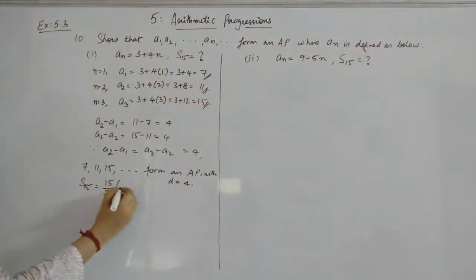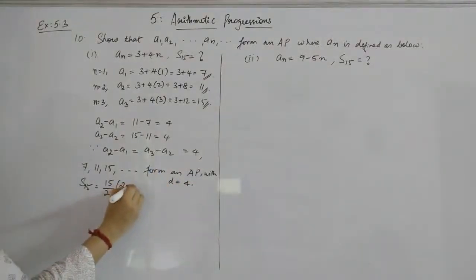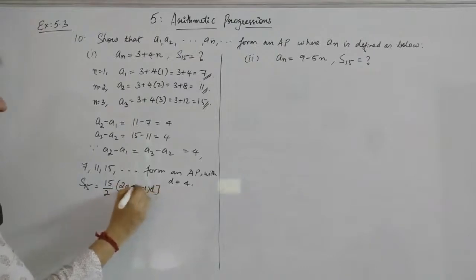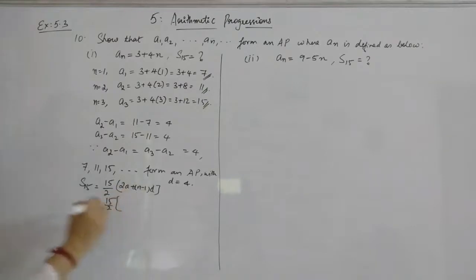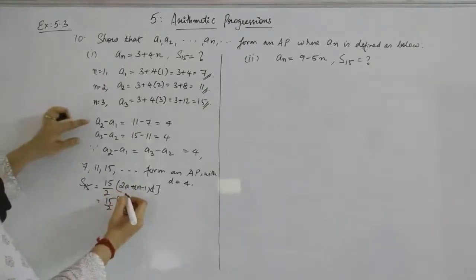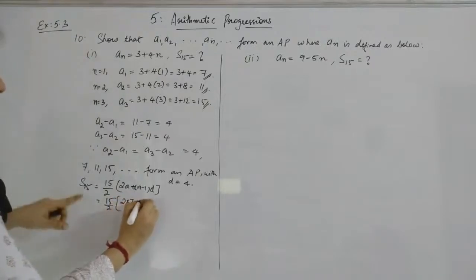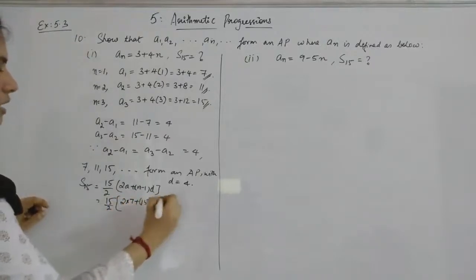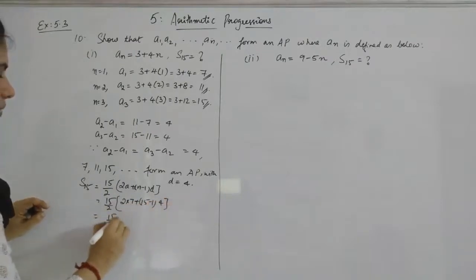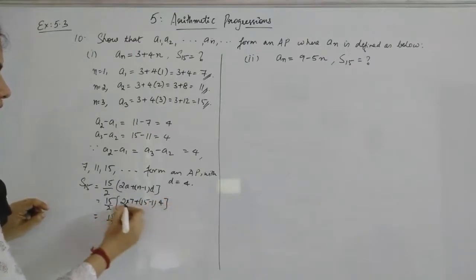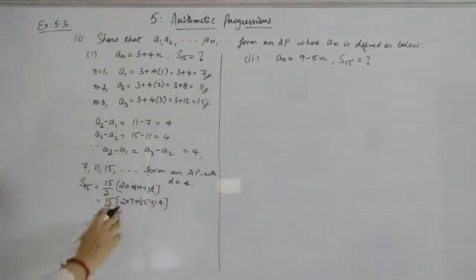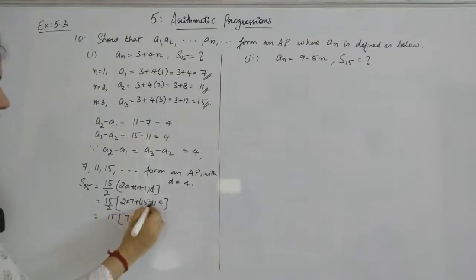Okay. So it is 15 by 2 into 2a plus n minus 1 into d, which will give you 15 by 2 into 2a. What is a? A is actually your first term. First term is 7 plus n minus 1 means 15 minus 1 into d is 4. Okay. So it is 15 by 2 into, again if you want you can take out that 2 in common and cancel, so that this will become 15 into 7 plus, again you have 14 into 2.